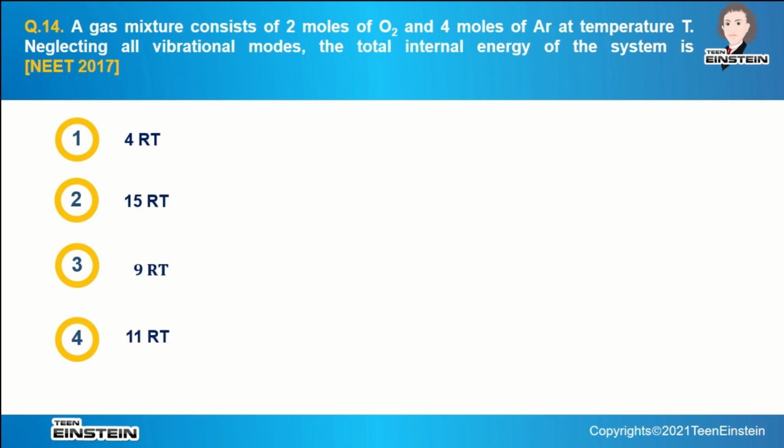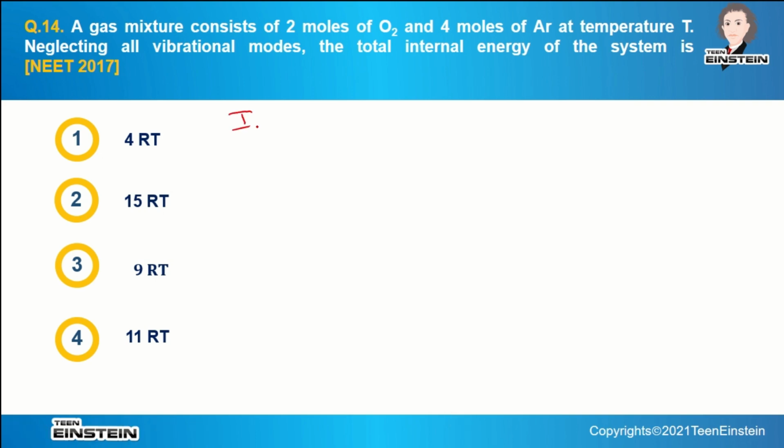A gas mixture consists of 2 moles of oxygen and 4 moles of argon at temperature T. Neglecting all the vibration modes, the total internal energy of the system is. So they want us to calculate the total energy of the system, and here they have given you the moles of oxygen and the moles of argon.